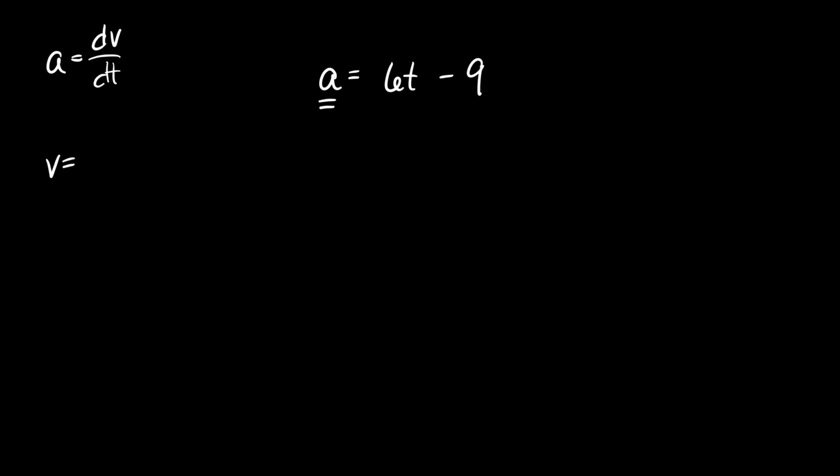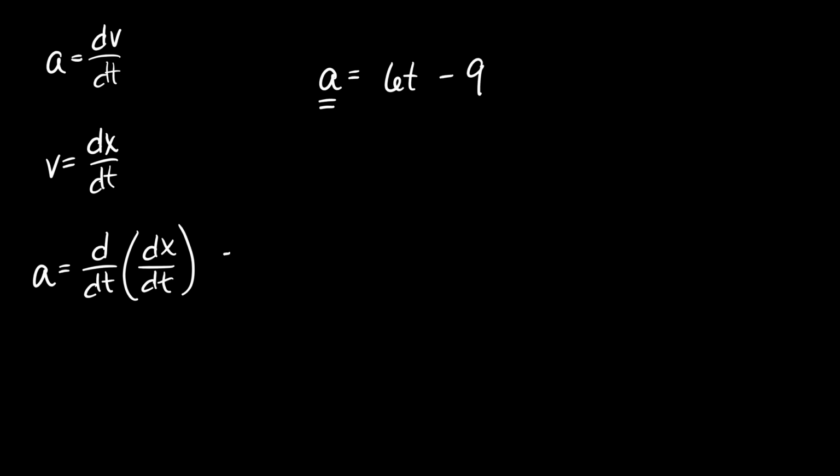Velocity is also a differential. It can be written as dx/dt. In fact, you could argue that acceleration is actually two differentials. Right, if I substitute in for v, I'd get two differentials there. Wouldn't you guys agree with that? In fact, there's a symbology to go along with this.